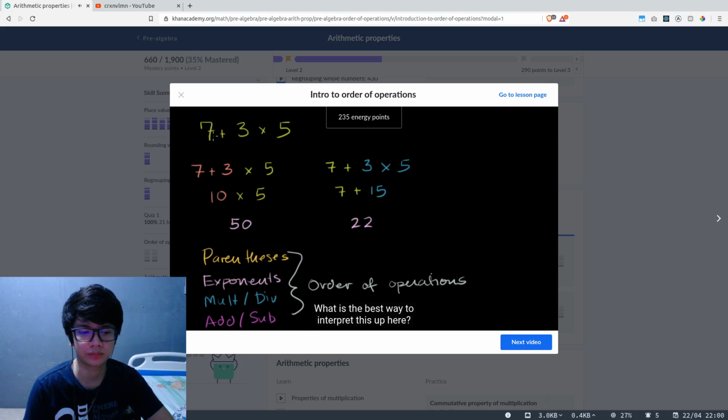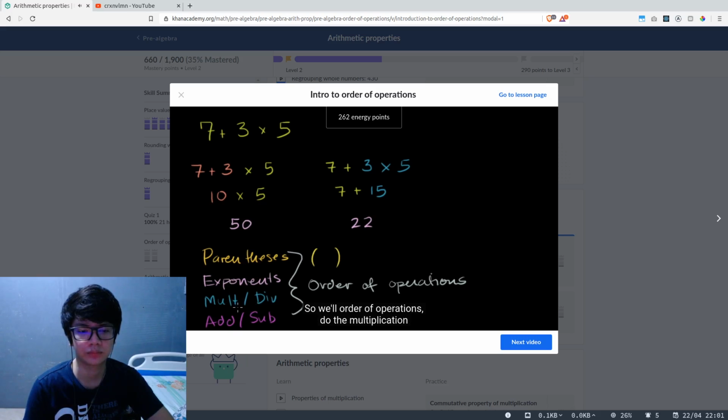So what does this tell us? What is the best way to interpret this up here? Well, we have no parentheses. Parentheses look like those little curved things around numbers. I'll do some examples that do have parentheses. We don't have any exponents here, but we do have multiplication.